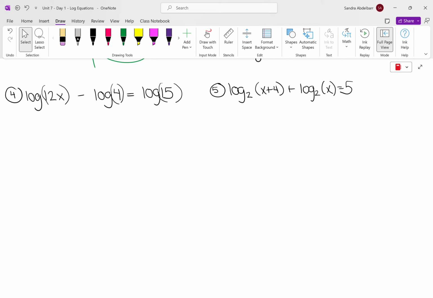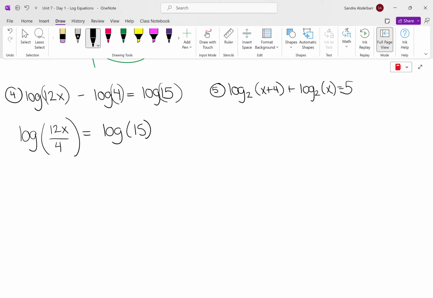You want to make sure they are the same base. Do they have the same base? Yes. If they do not have the same base, can I condense them? No. But because they have the same base, I can condense it. So I'm going to pull 1 log out, and then what can I do with their arguments? Since it's subtraction, I can divide them.